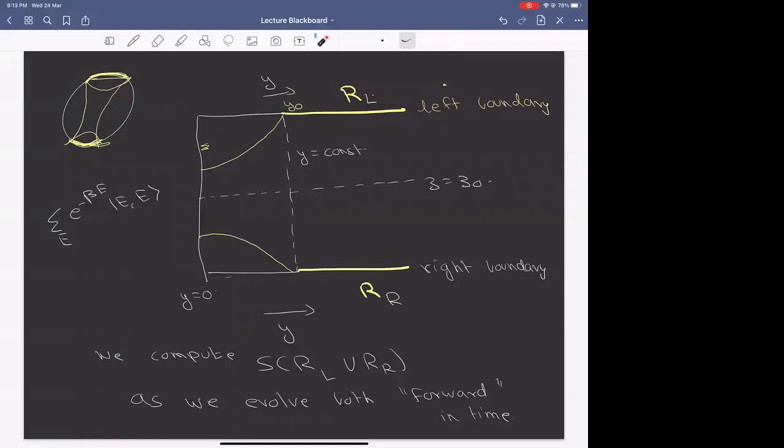Sure. Excuse me, I have a follow-up question about this. Yeah, sure. Maybe we'll see it tomorrow, but the idea of why you get an island, including the interior of the black hole living on the brane, is the idea that those Ryu-Takayanagi surfaces, these extremal surfaces, end on a piece which is outside the horizon of the black hole, and the entanglement wedge you have to compute the entropy of includes the interval on the brane, which includes the interior of the black hole?